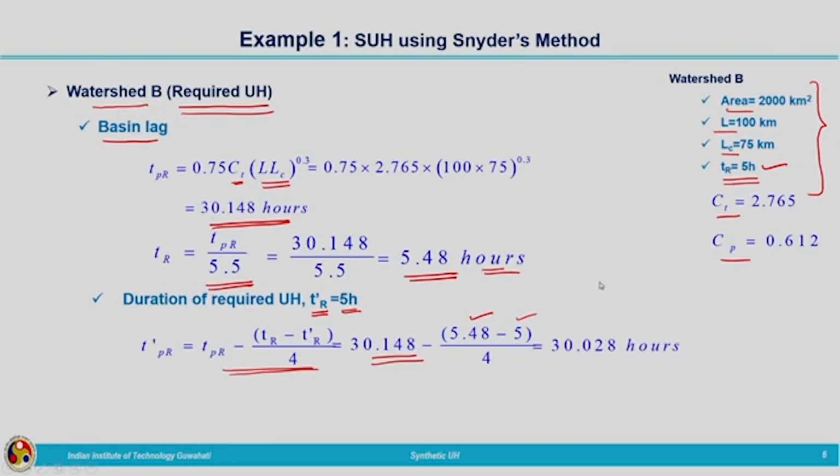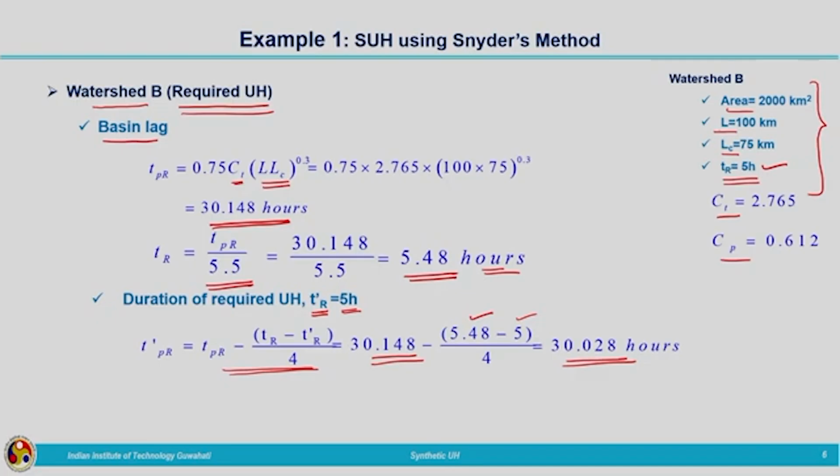So, this value is calculated as 30.028 hours. Now, for making the synthetic unit hydrograph a standard unit hydrograph, we have recalculated the basin lag. That is found to be 30.028 hours. So, now the 5-hour effective rainfall duration and the corresponding basin lag stand for the standard unit hydrograph.